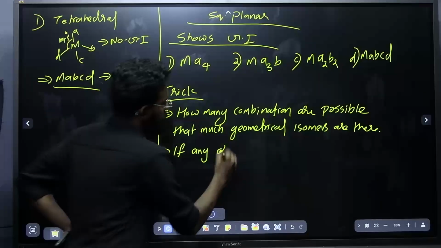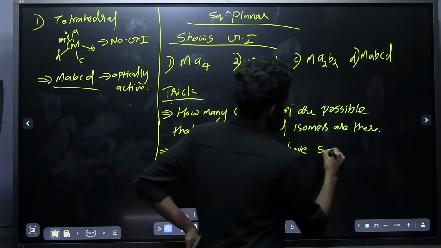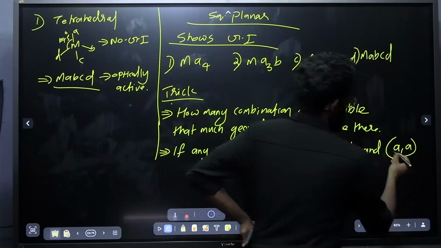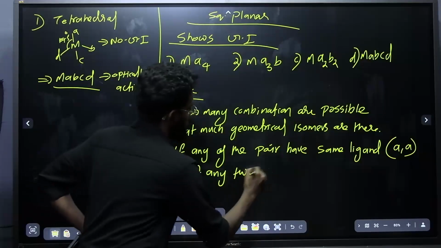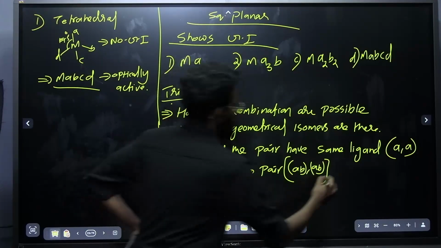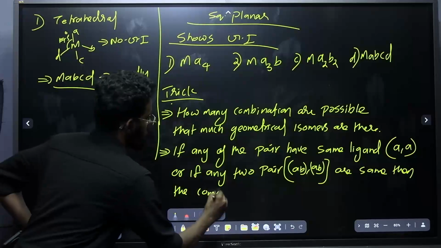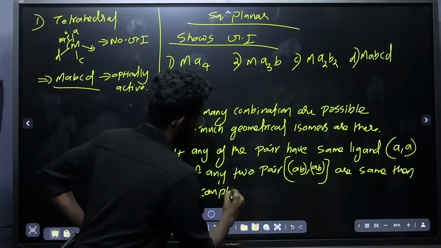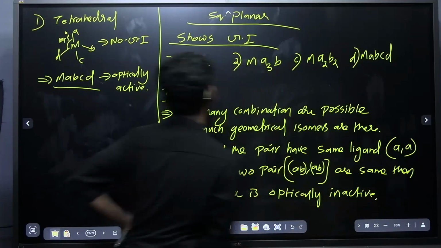If any of the pair have the same ligand, that is AA, if any of this pair is having two same ligand, AA, or if any two pairs like AB are same, then the complex is optically inactive.